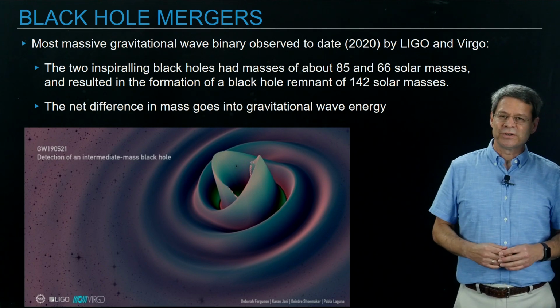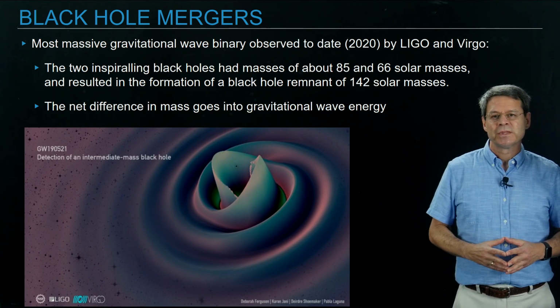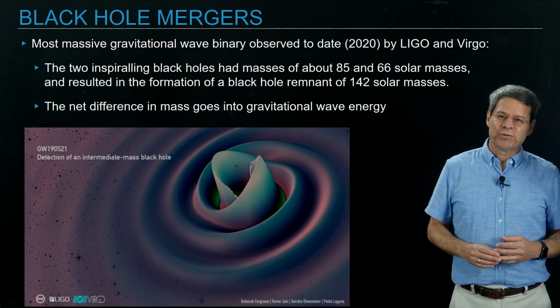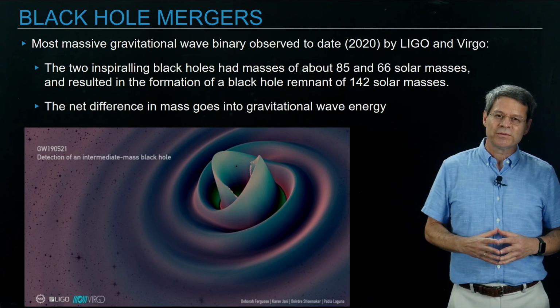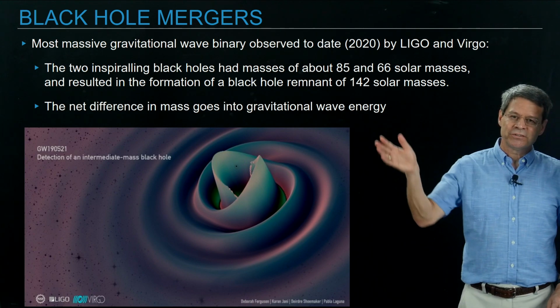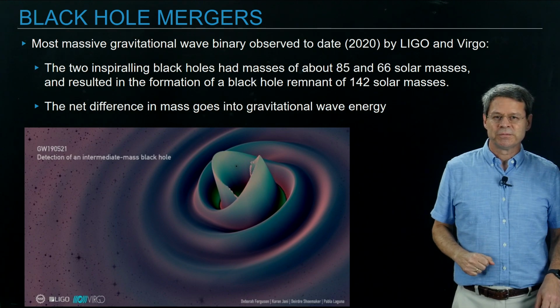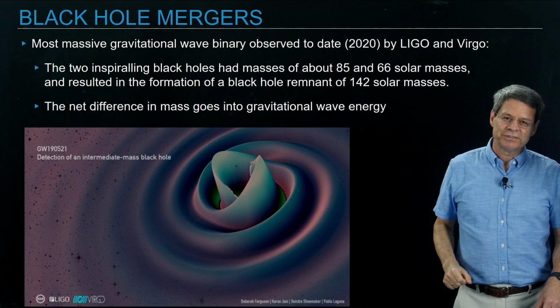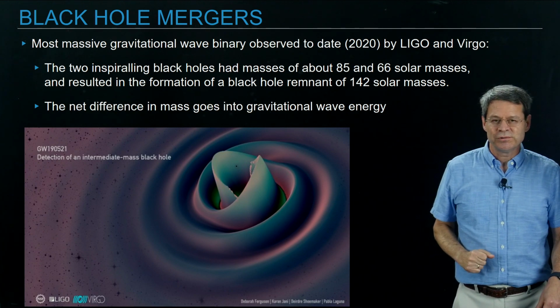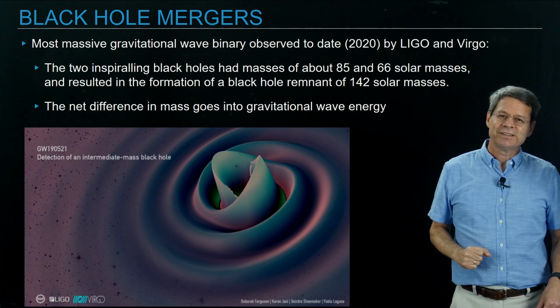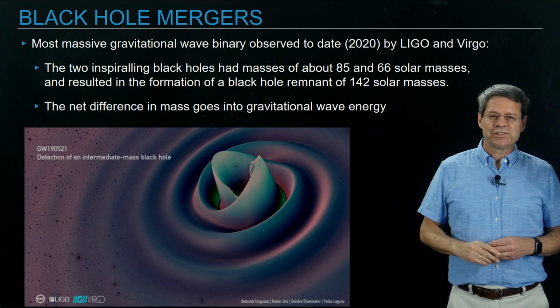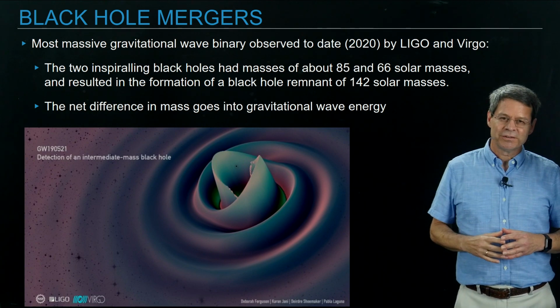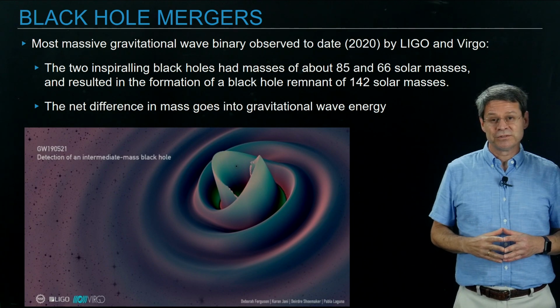So quite a bit more massive than our sun. And they resulted in the formation of another black hole, a remnant, which had a mass of 142 solar masses. Now, you can probably do the math and see that 85 and 66 don't add up to 142. It's closer to 150. Where did the extra mass energy go?